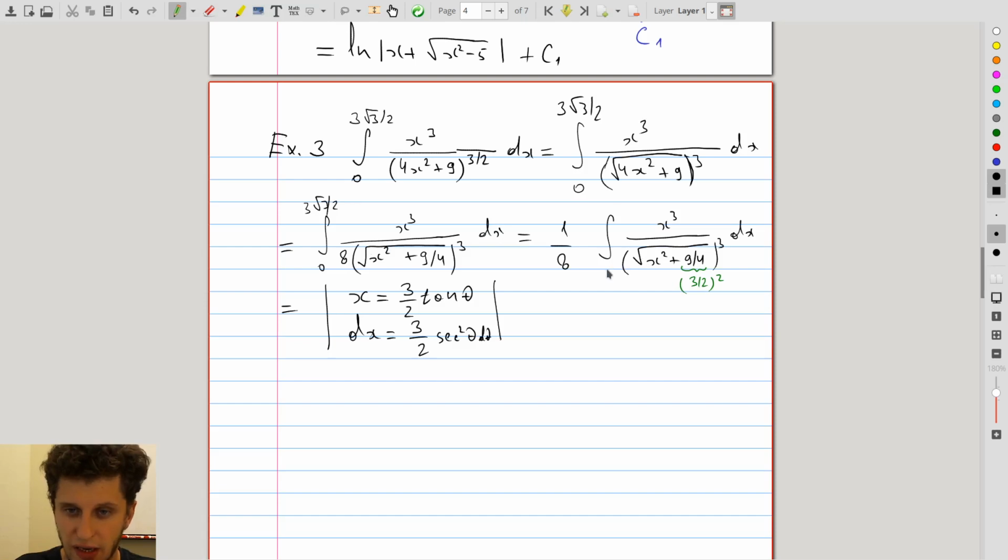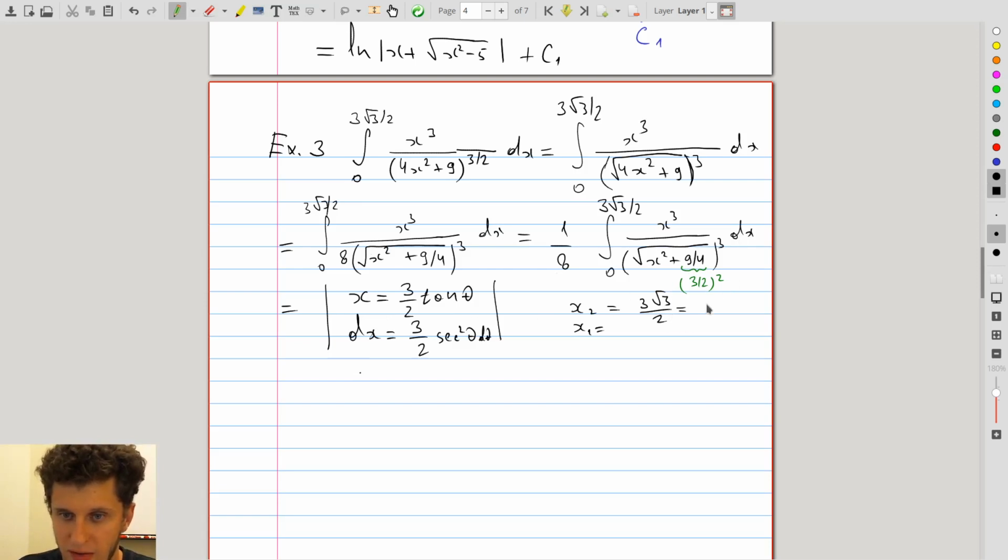An additional thing that I have to do in this integral is changing the limits of integration for theta. So I have to go from limits of integration for x to limits of integration that involve theta. Basically my limits of integration here are of this form: I have x1 and x2. x2 is 3 square root of 3 divided by 2, and so it must be mapped to a value of theta, like so.